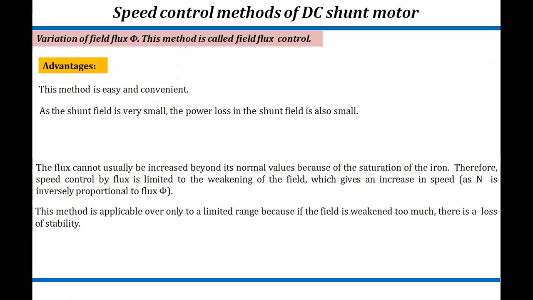The flux cannot usually increase, because we are decreasing the flux since we are supposed to increase the speed, and here the flux cannot usually increase beyond its normal value because of the saturation of iron. Therefore, speed control by flux is limited to weakening of the field.